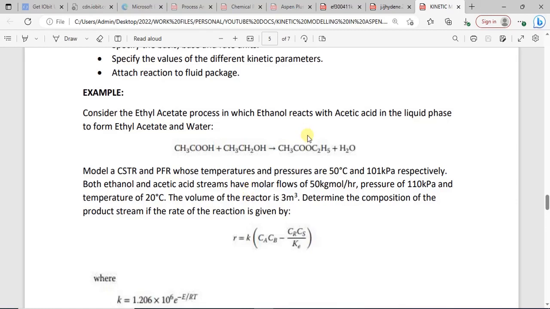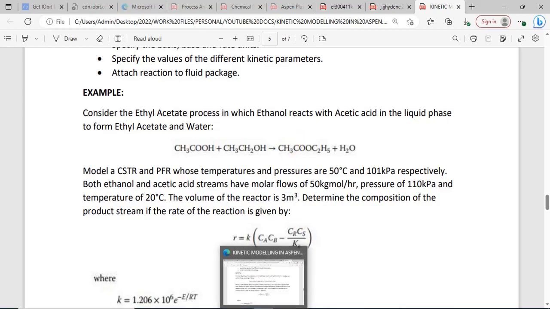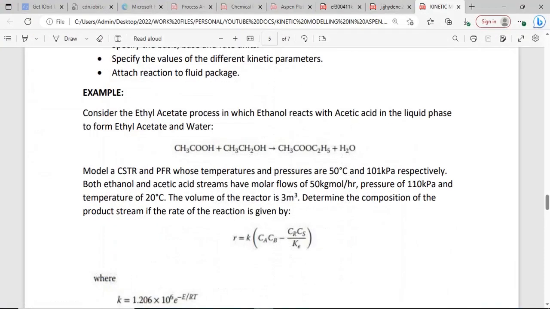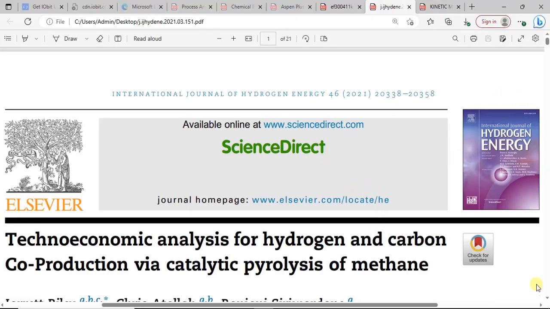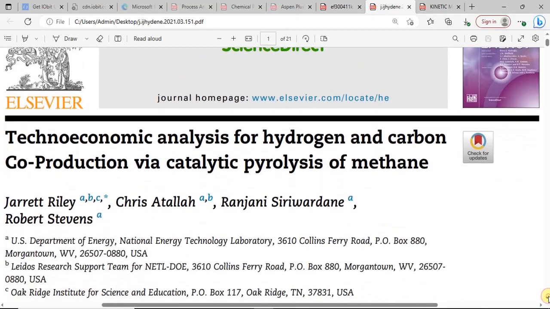Before we go into the example, let me show you the name of this particular journal as well. Yes, so this is it. Techno-economic analysis for hydrogen and carbon production via catalytic pyrolysis of methane by Jared Riley et al.